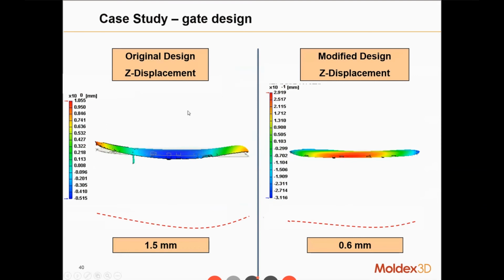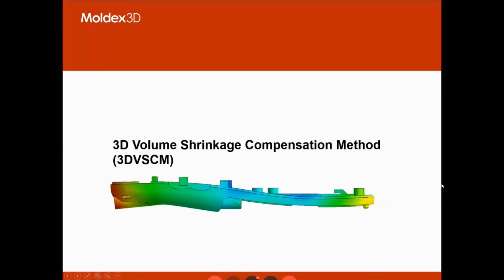So by this design, we can see a large difference between the original design and modified design. And in the modified design, we have improved the warpage to 0.6 millimeters. So changing the gate location or the gate number, it will have an improvement of warpage.